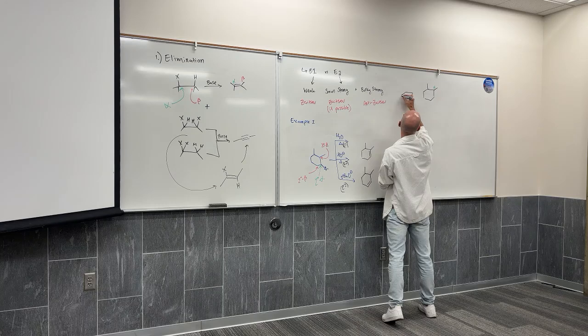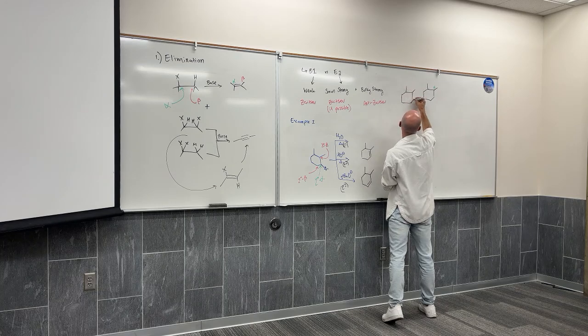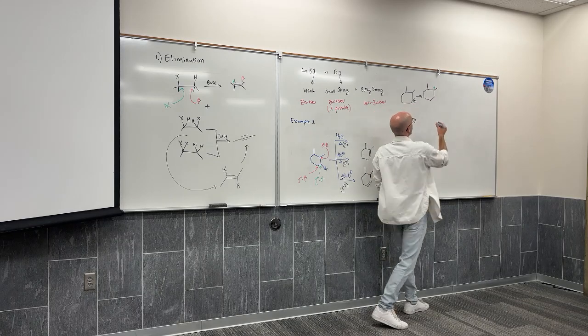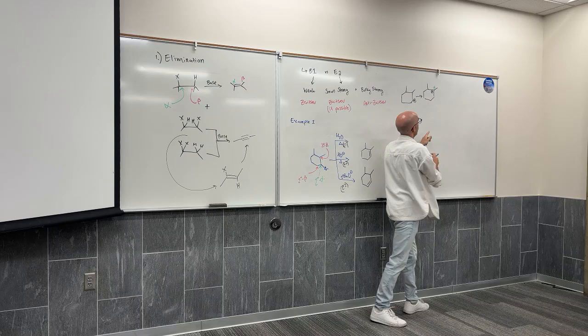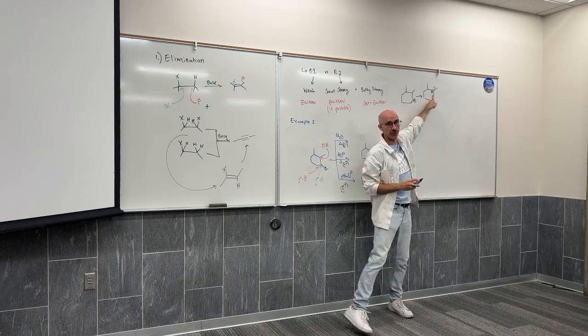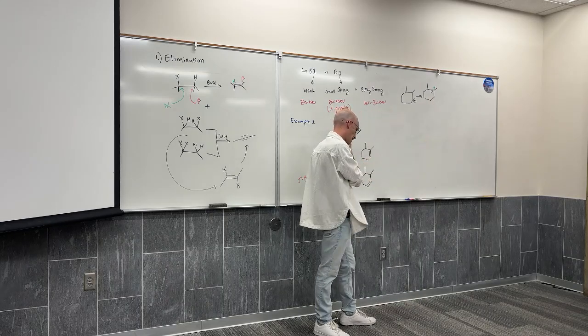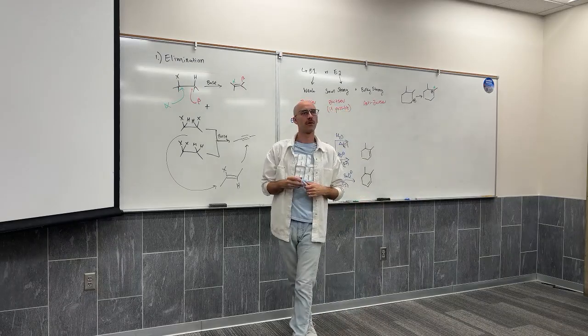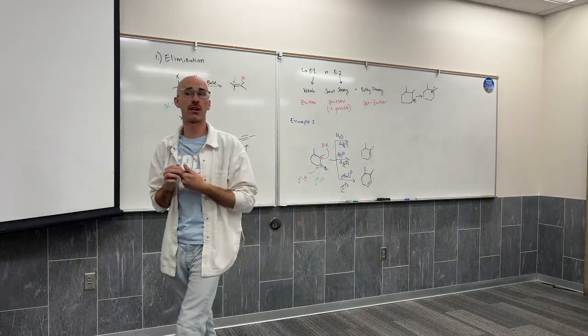All right, hang on. I'll give you a step back. This is the carbocation that forms when the alkyl halide breaks off. This is the carbocation that forms after the rearrangement. What is the substitution of that carbocation?